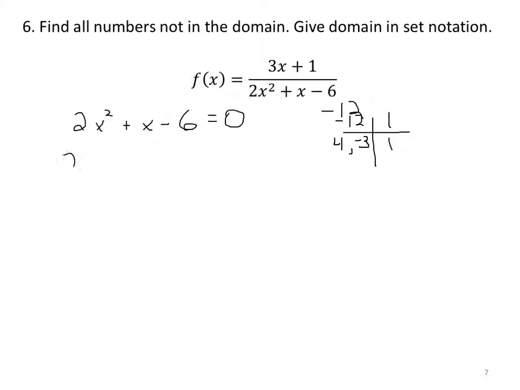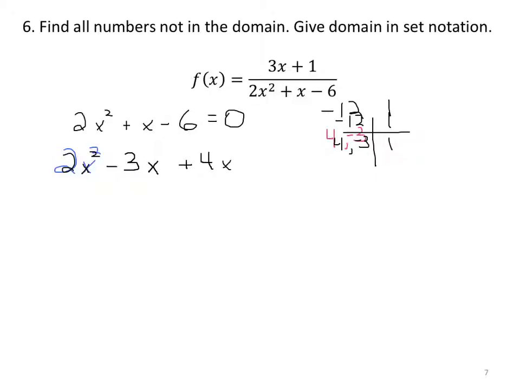Now when we group, we keep the x squared term, and then we break up the x term using these numbers. So I'm going to put the negative number first, because that way I end up having a plus sign in the middle, which is what I want. So I'm going to write minus 3x plus 4x, which equals x.